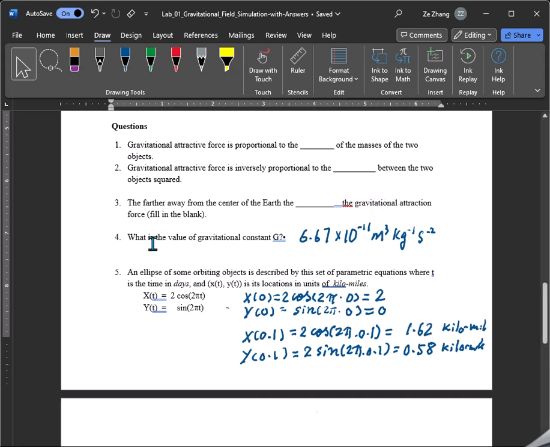Number 4: what is the value of the gravitational constant G? That G goes into the universal gravitational formula. You don't have to really remember the number, but it is listed in almost all physics books, and it's definitely in our textbook. Just remember it is a very small number using regular units.